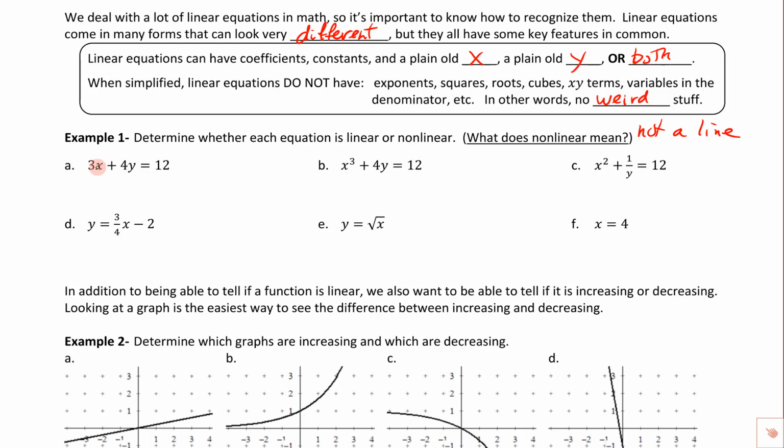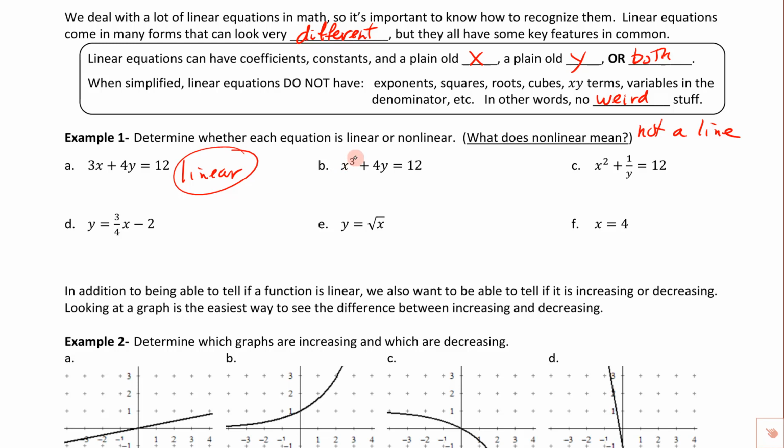So we've got this plain old x term with a coefficient, plain old y term with a coefficient, and then this over here is a constant. So this is linear. If we take a look at this one, this is the exact same problem. We've got the 12, we've got the equals, we've got the 4y, we've got an x, but this time instead of the 3 being a coefficient out in front and being multiplied with the x, we're taking x and we're cubing it.